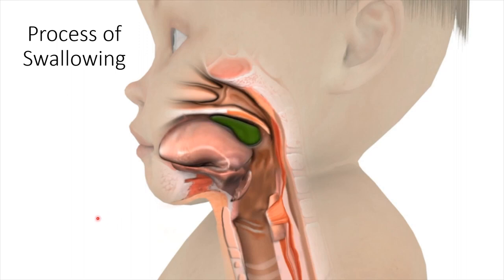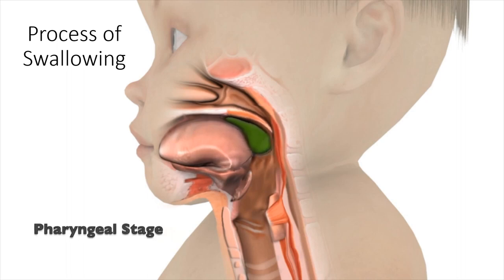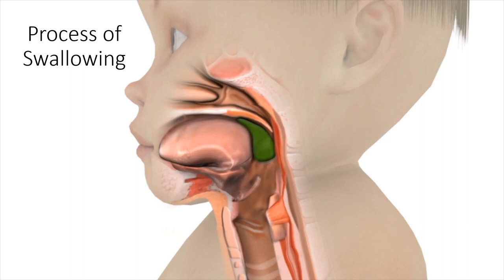Okay, so when it contracts, it squeezes the bolus of food backwards into the pharynx. Okay, so now let's proceed. So also during this phase, the soft palate closes off the nasopharynx. Okay, so that food or drinks or other liquids will not regurgitate up the nose.